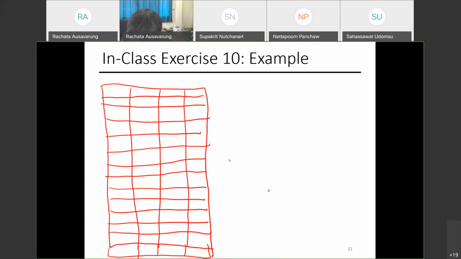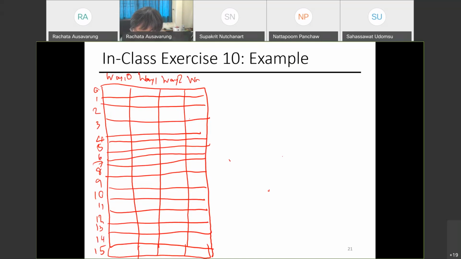This is set 0, set 1, set 2, set 3. I need one more. So this is 4, 5, 6, 7, 8, 9, 10, 11, 12, 13, 14, 15. So that's 16 sets, right? This is 4 ways. I'll just start from 0: way 0, way 1, way 2, way 3.